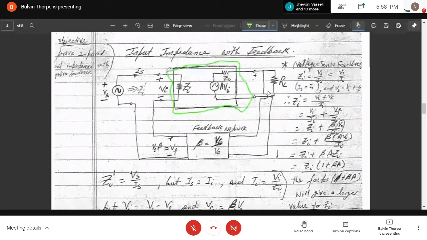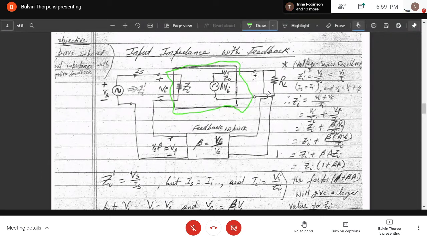This is the amplifier, the internal part of the amplifier. The amplifier has an input impedance, ZI, and an output impedance, ZO, which should be low.